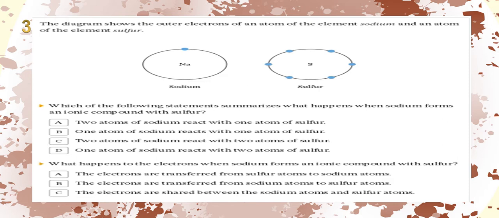Sodium is monovalent, so it will lose 1 electron. Sulfur here has 6 electrons in the outermost energy level, so it needs 2 electrons to complete it. It needs to gain 2 electrons, and sodium has only 1 to lose, so we need 2 atoms of sodium to react with 1 atom of sulfur.